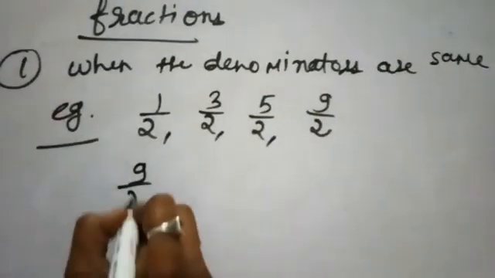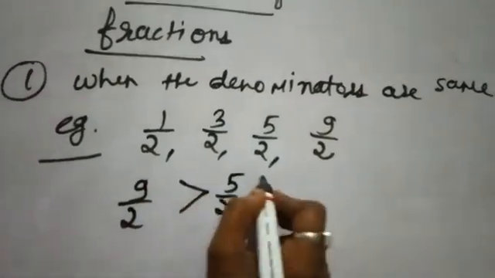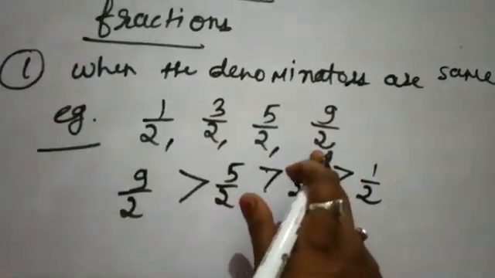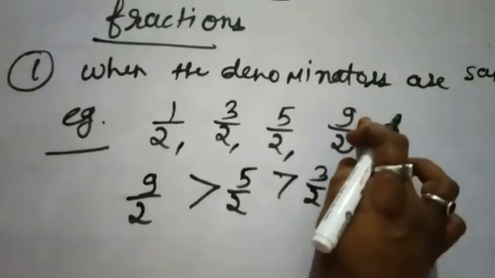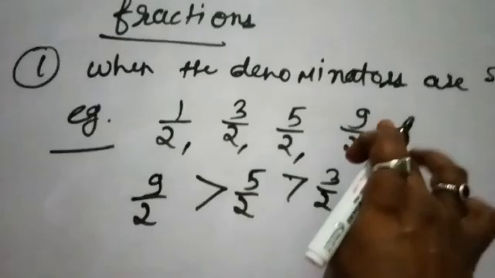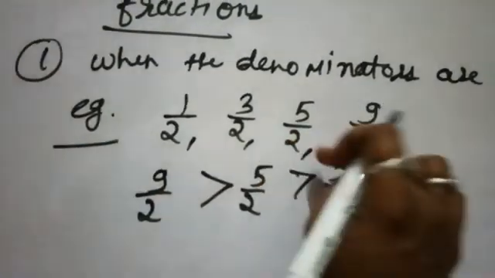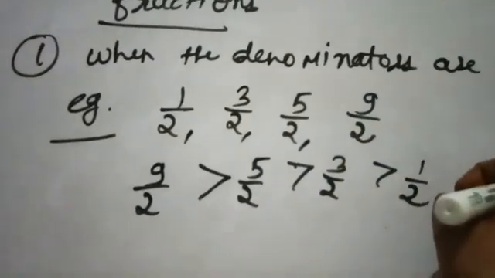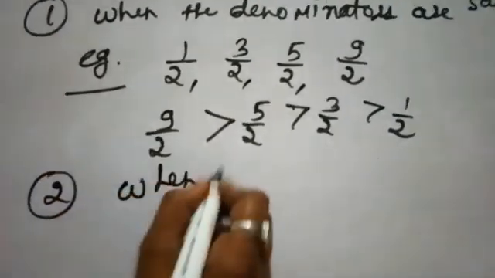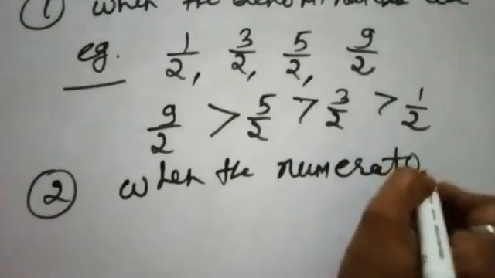So 9 by 2 is bigger than 5 by 2, then 3 by 2 and then 1 by 2. When the denominators are the same, the number with the bigger numerator is bigger. So first position is 9 by 2, then 5 by 2, then 3 by 2 and then 1 by 2.